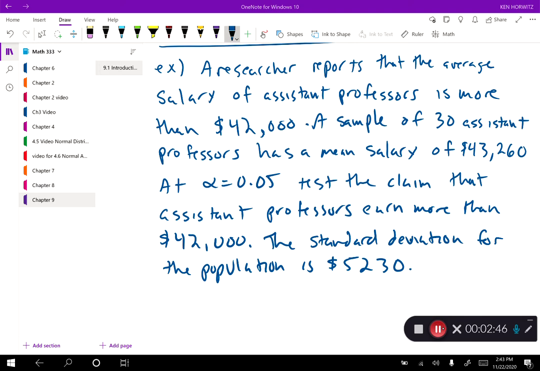At alpha equals 0.05, test the claim that assistant professors earn more than $42,000 per year. Standard deviation for the population is 5,230. Take a moment to write it down, pause the video if you need to, and we'll continue in just a second.